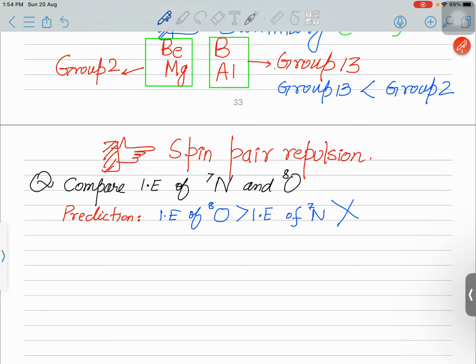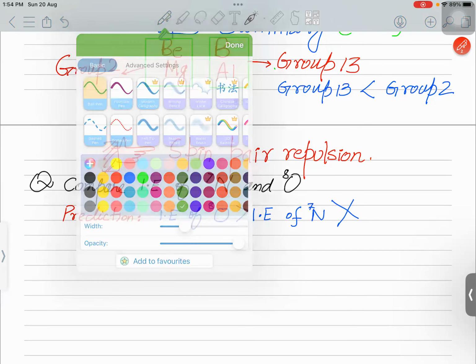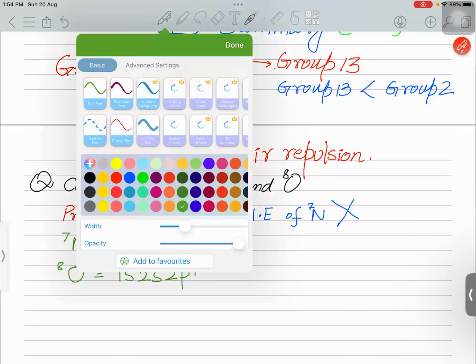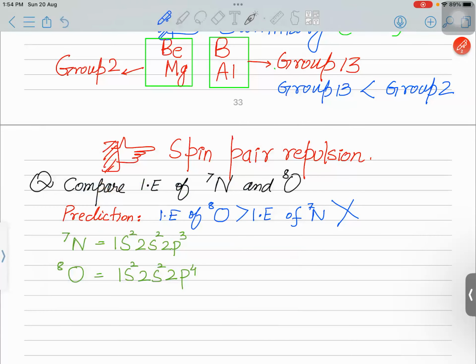So now, electronic configuration of nitrogen and electronic configuration of oxygen. Nitrogen is 1s2, 2s2, 2p3, while oxygen is 1s2, 2s2, 2p4. You can see that both have valence electrons in the p orbital.